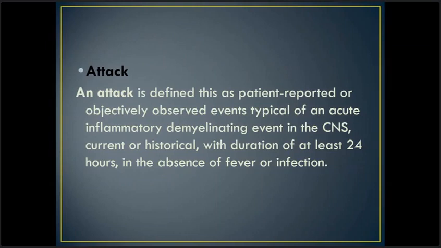If we take one attack, we say dissemination. So what is the attack? Attack is either subjective or objective for more than 24 hours. So, for example, the attack of seizure, which can be found in multiple sclerosis, seizure is not an attack because it does not continue for 24 hours.